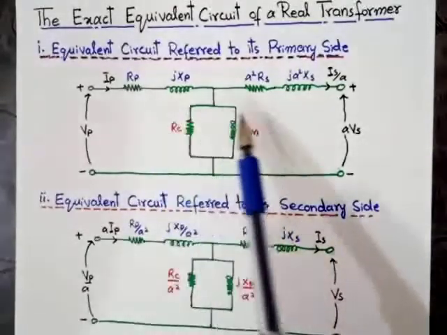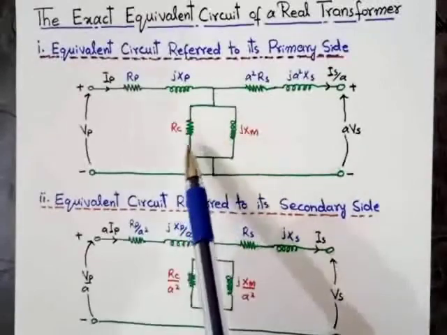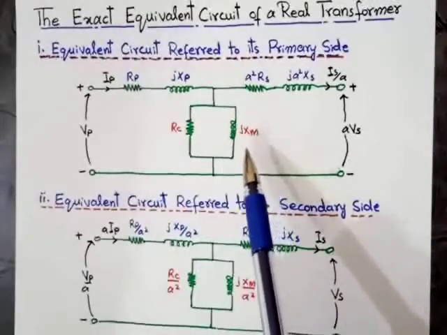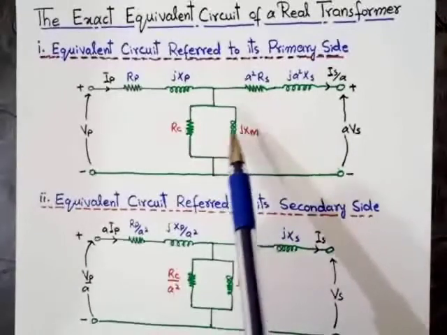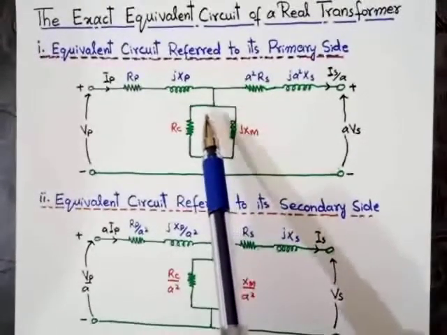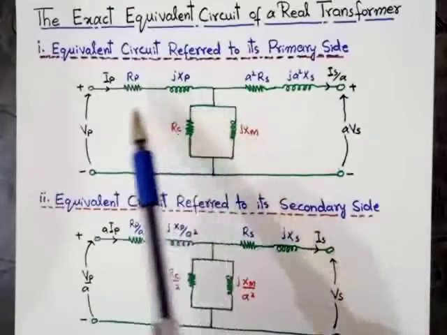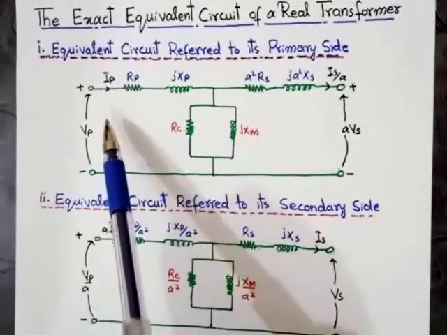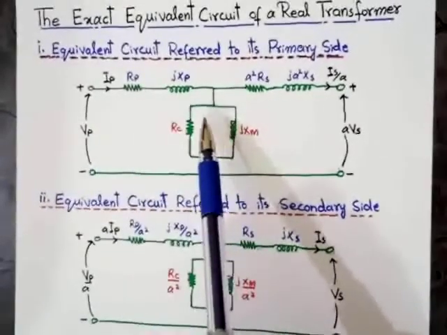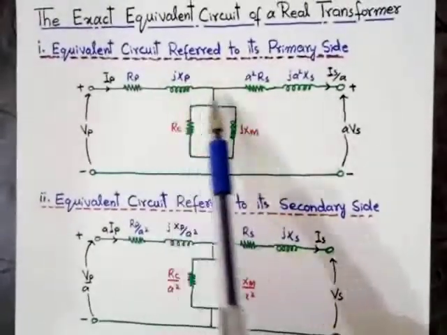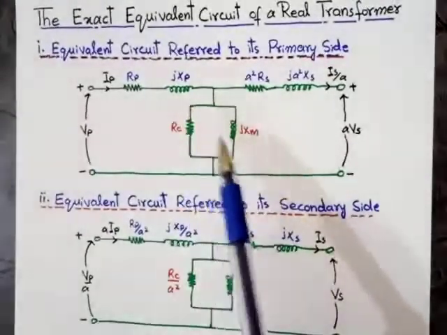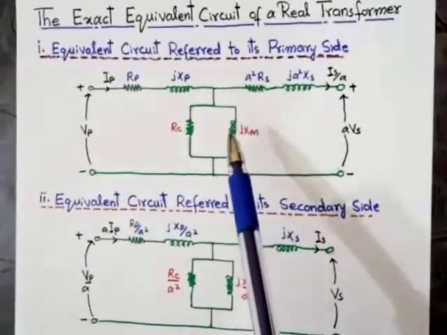This branch has two core elements, that is RC and XM. The values of RC and XM are very small, so we can transform this branch to the start of the circuit. If we transform this branch to the start of the circuit, then these four elements will be in series, and we can solve the circuit easily.